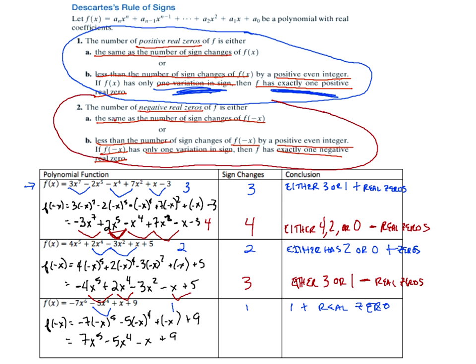So I want to identify my sign changes. We have a sign change here and a sign change here. It had 2, so it has 2 or 0 negative real zeros. All right, that is Descartes' rule of signs.